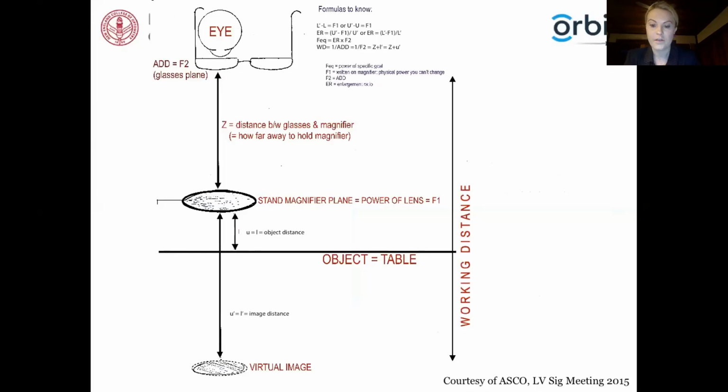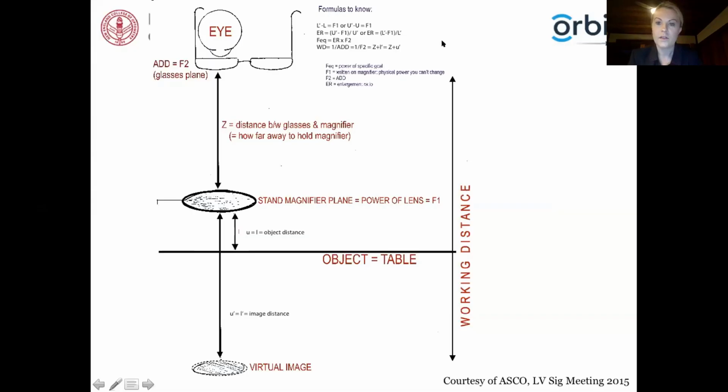So this is courtesy of one of my colleagues in the American Schools of Optometry group. And as pictured here, we have our spectacle plane. We have some distance between the spectacle plane and our stand magnifier. Within the stand magnifier, there's a lens, and the object is placed at a certain distance, and the virtual image is somewhere down here beyond the plane of the object.